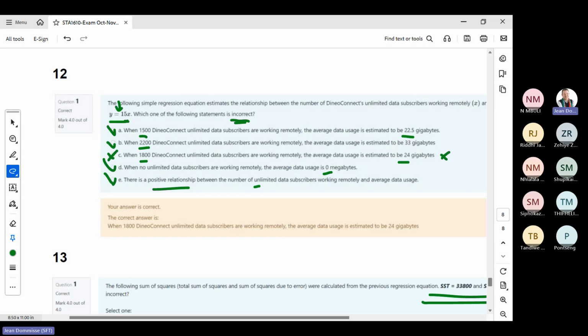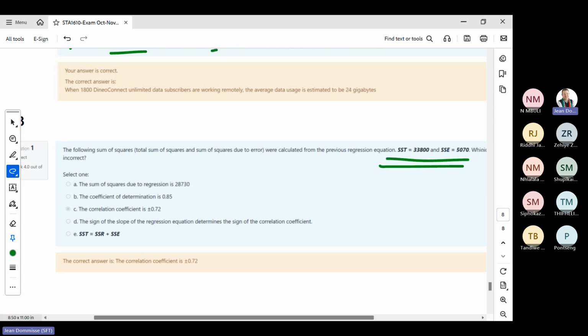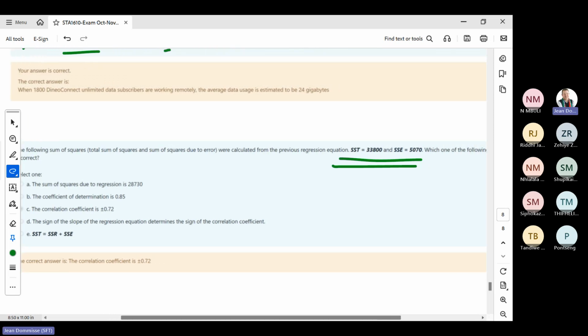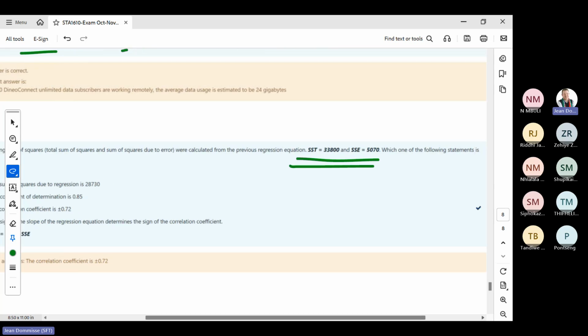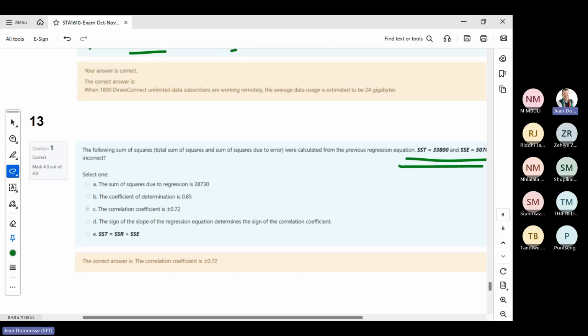Okay, and then the last one, I can't remember this formula again. I will need to check on the formula page that I will send to you guys later. But basically, we're using the SST and the SSE formula to work out your coefficient of correlation.